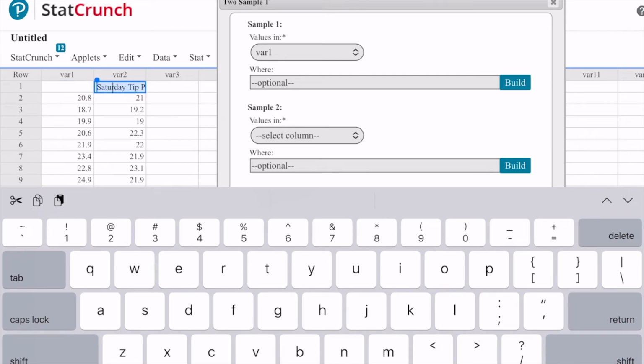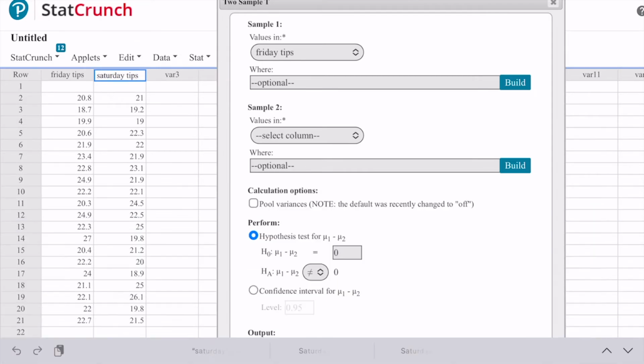These are actually the titles. So let me rename this as Friday tips, and then let's rename this one as Saturday tips. All right. That should work.